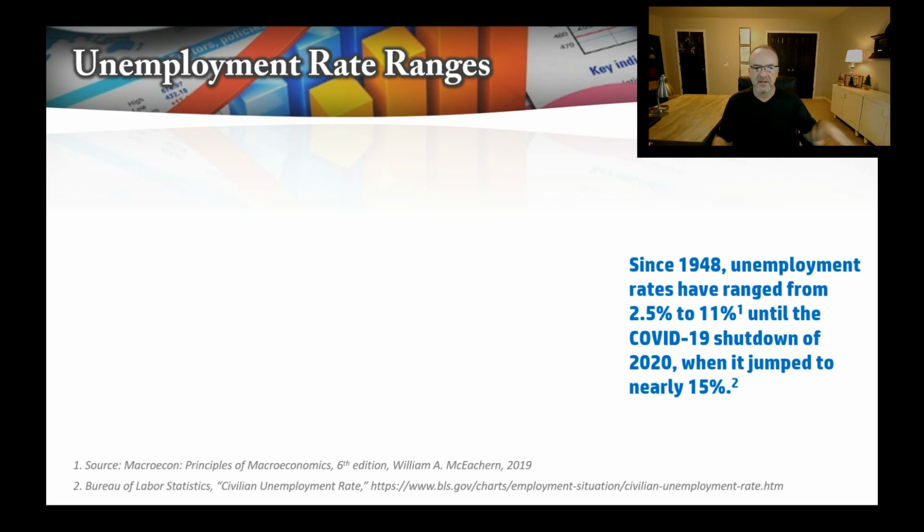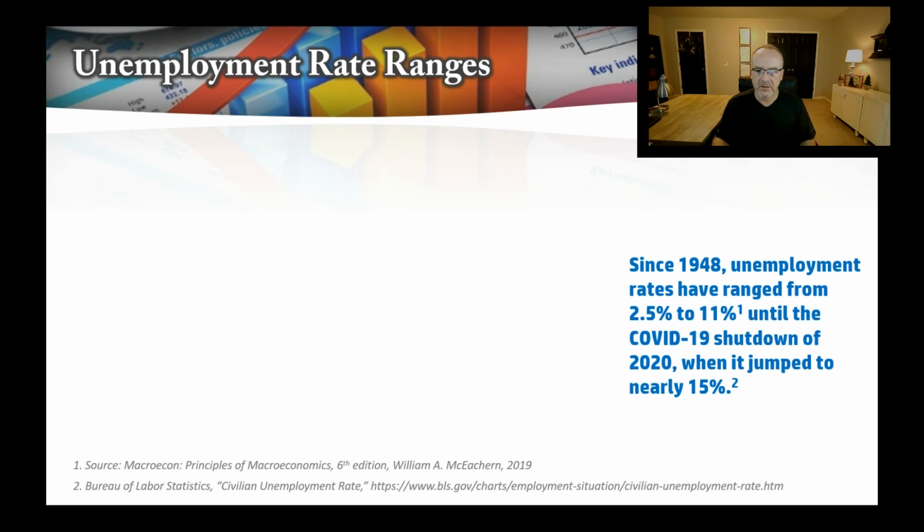So if you look at the statistics, you'll find between 2.5% and 11% most of the time. That 11% was in the 1980s, the recession in the 80s, and then after the Great Recession in 2008 and 9, we saw unemployment go high. But of course, in the shutdown of 2020 for COVID-19, we saw the unemployment rates jump tremendously to almost 15%.